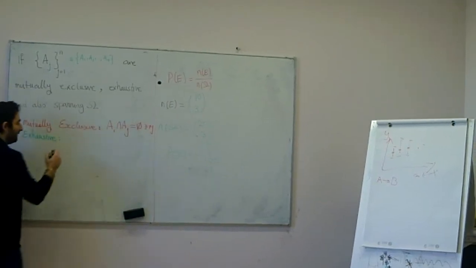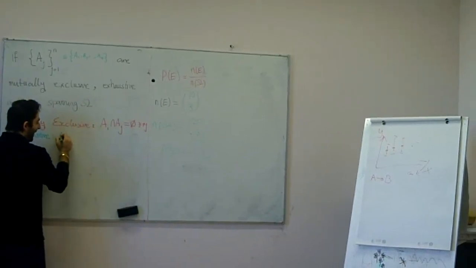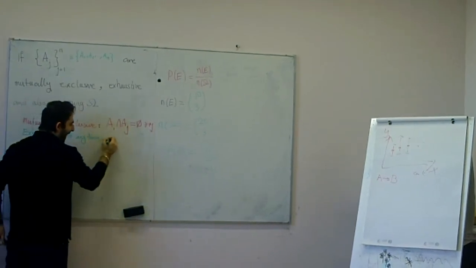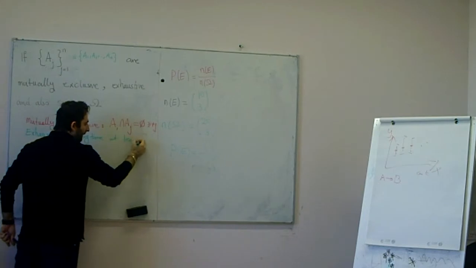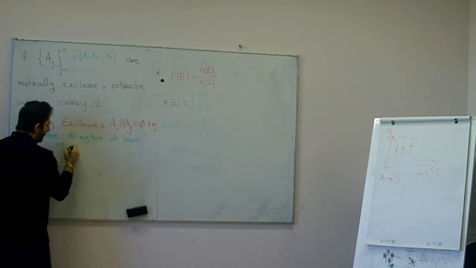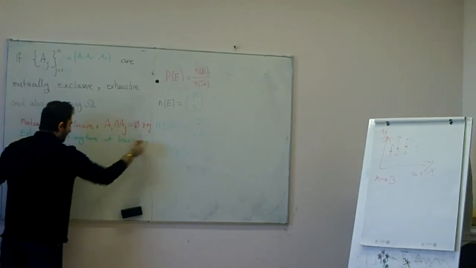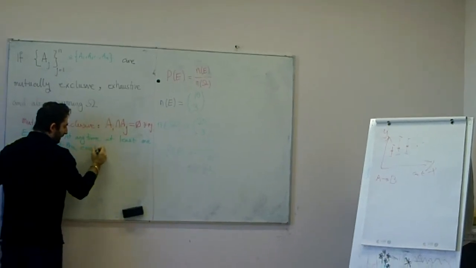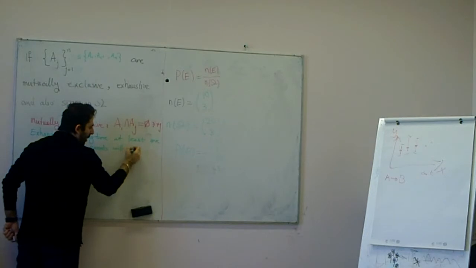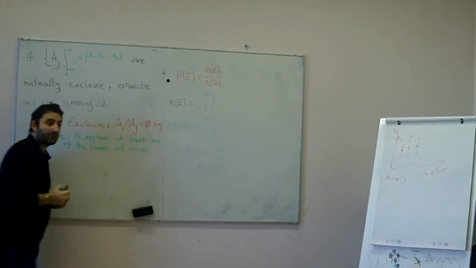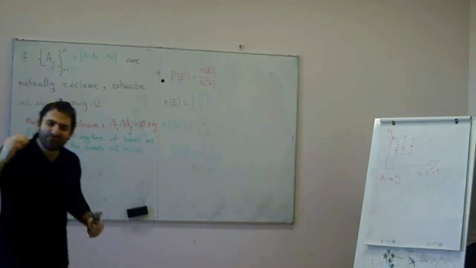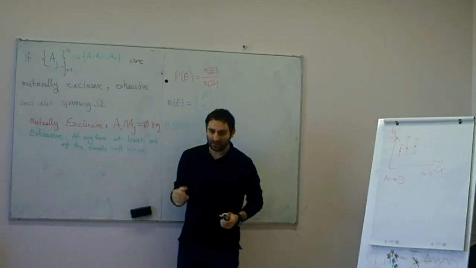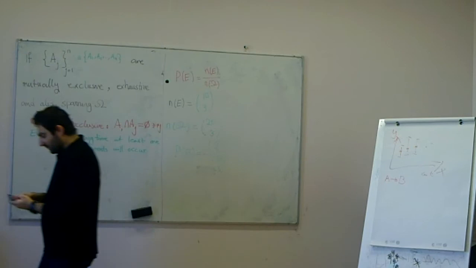Exhaustive means that at any time, at least one of the events will occur. So it means that we have one of the Aj's at any moment.